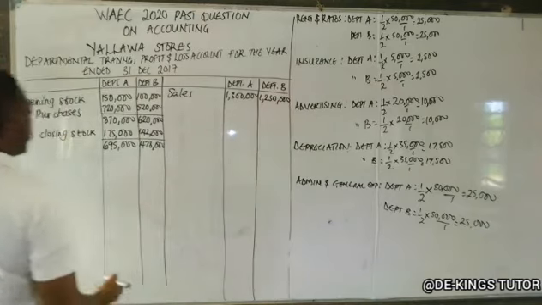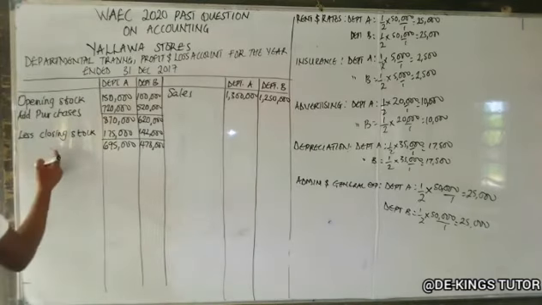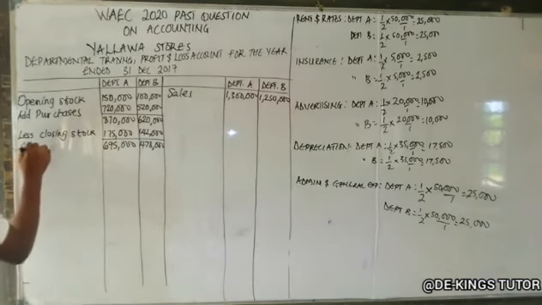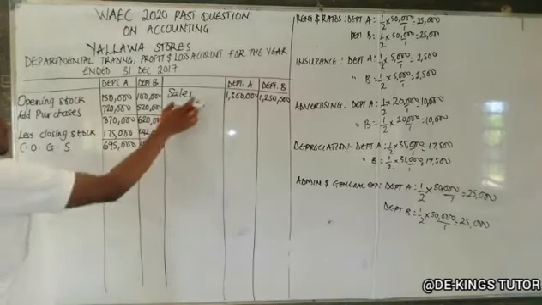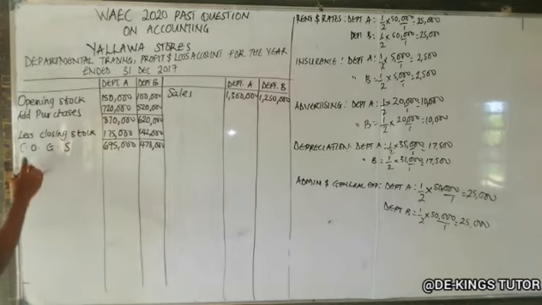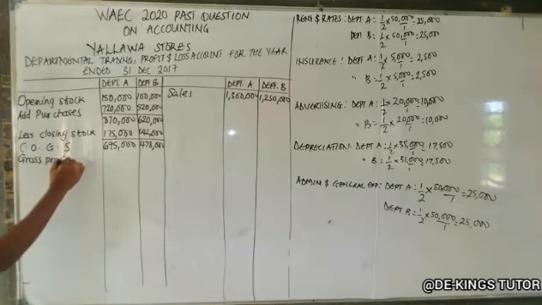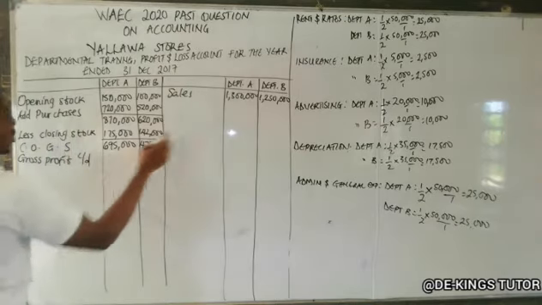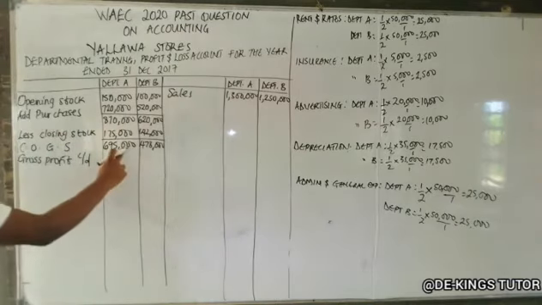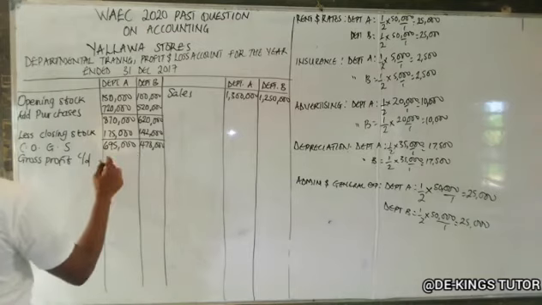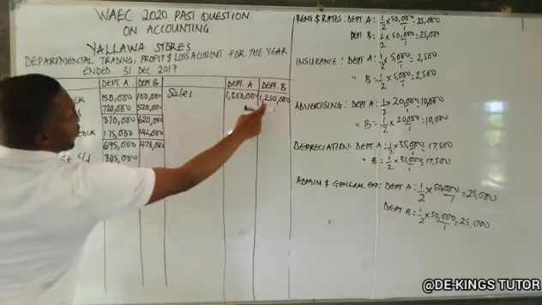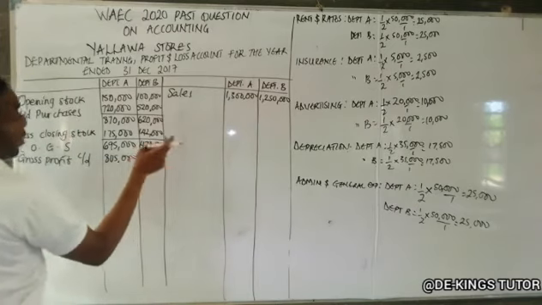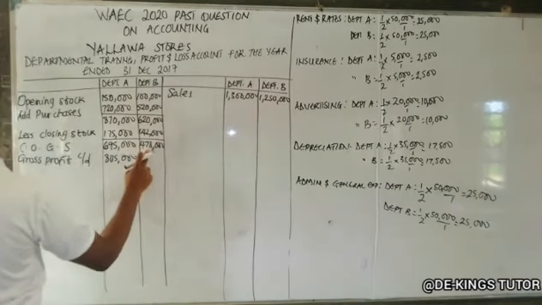So we have here gross profit carried down. So 1.5 million minus 695,000 will give us 805,000. While 1,250,000 minus 478,000 will give us 772,000. So if you add these two, you're supposed to have 1,500,000, and this is also giving you 1,250,000.